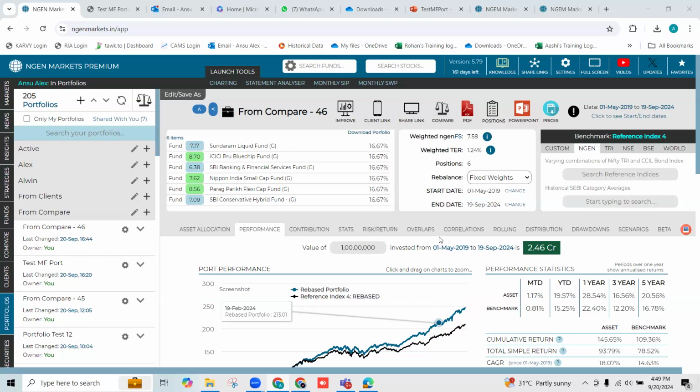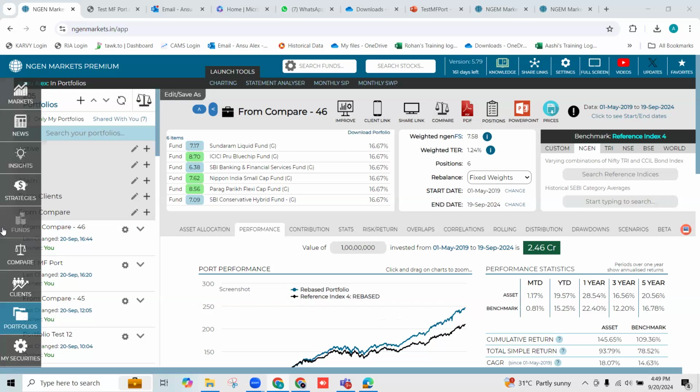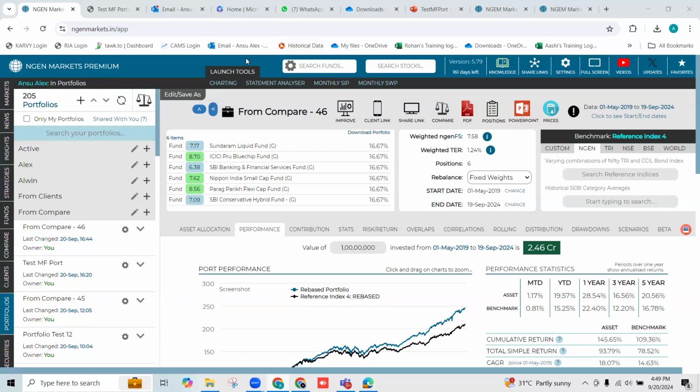And there's no separate charging for ShareLink. Any more questions? Please let us know.